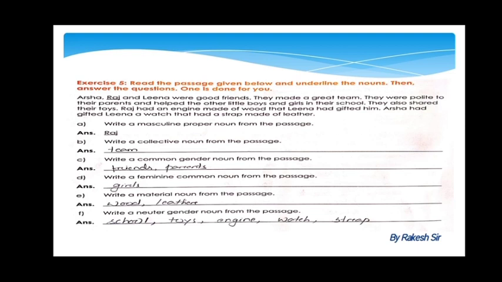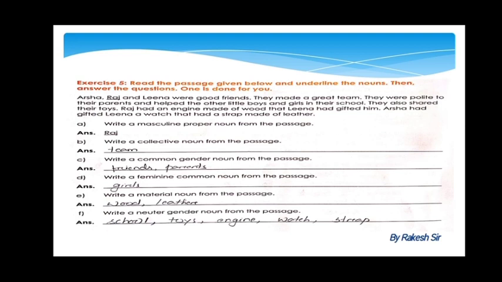As per my instruction, just underline the words: parents, boys, girls, school, toys, Raj, which you already did, engine, wood, then watch, strap, leather. Arsa and Lena you already underlined at the top. I hope everyone did.